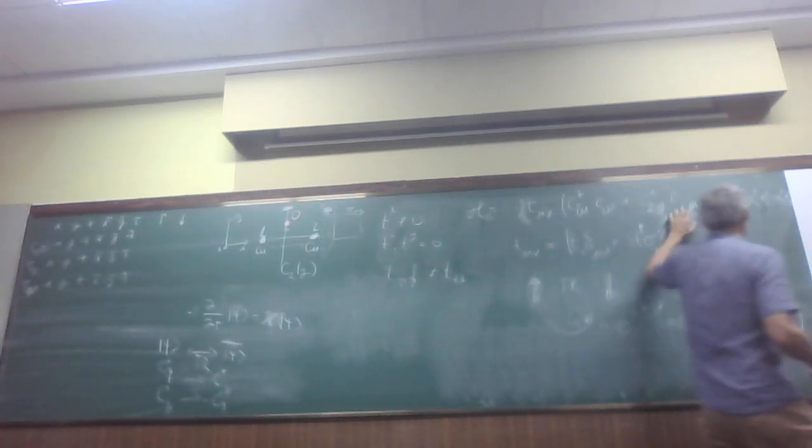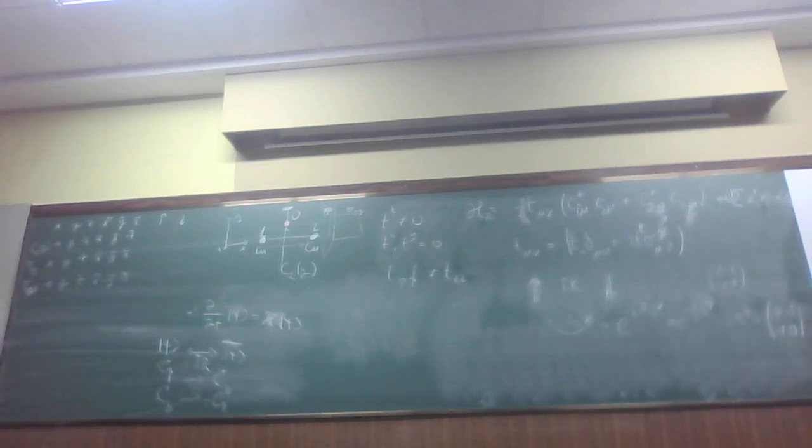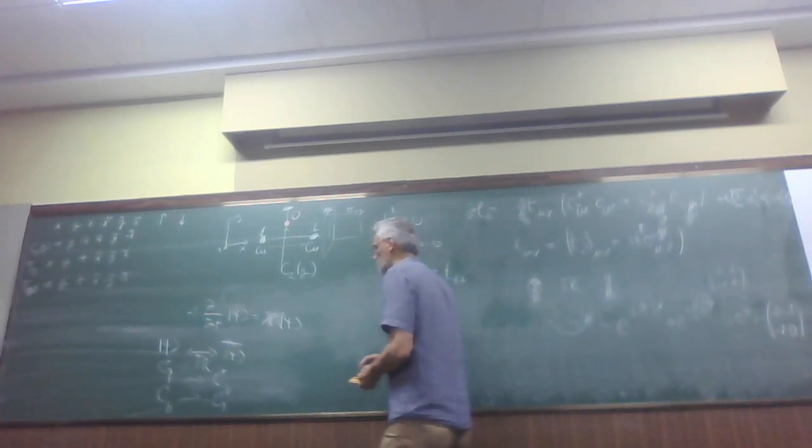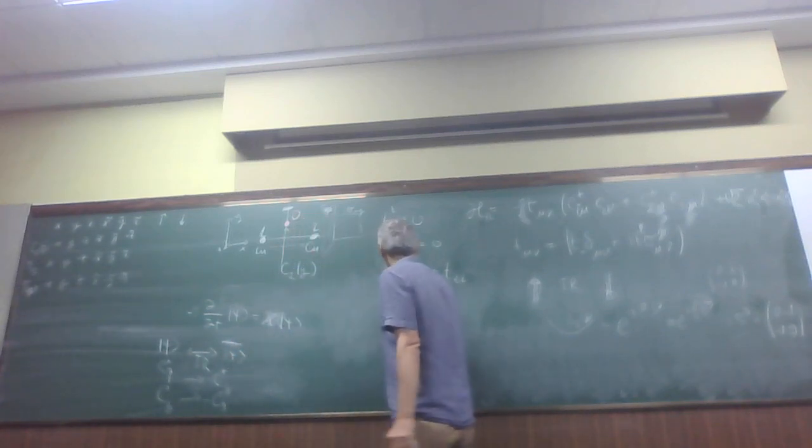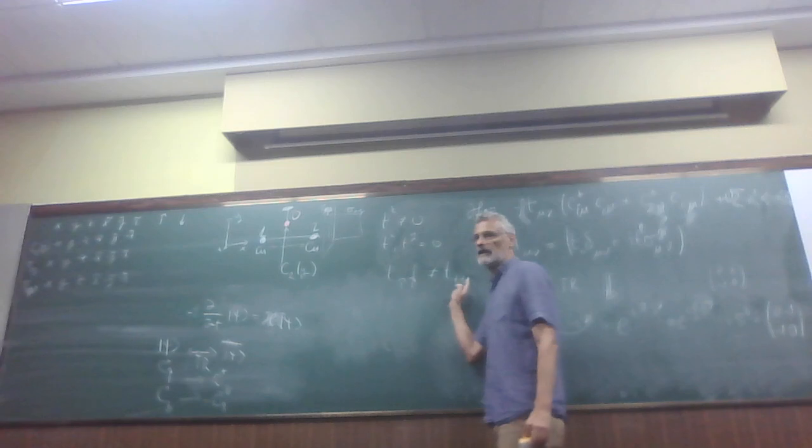Can we apply it to this situation here? So we have a reversible magnetic field. Let's try to figure out what happens there. In the absence of a magnetic field, what happens to this term here?